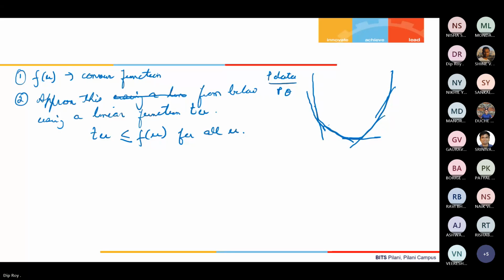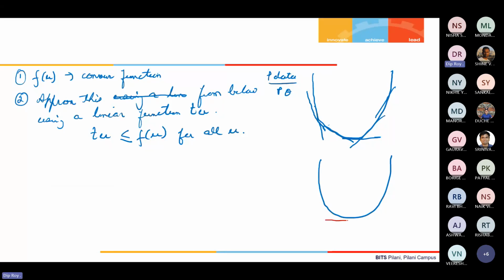Right? Now, each tangent line lies below the function, and it touches exactly at one point. So now remember where this is going.